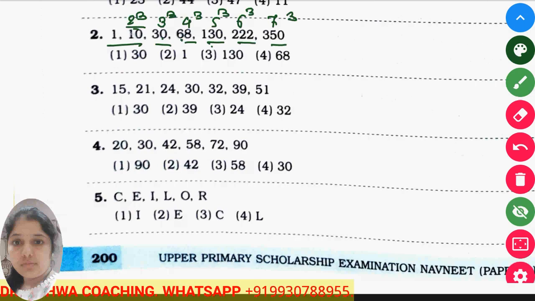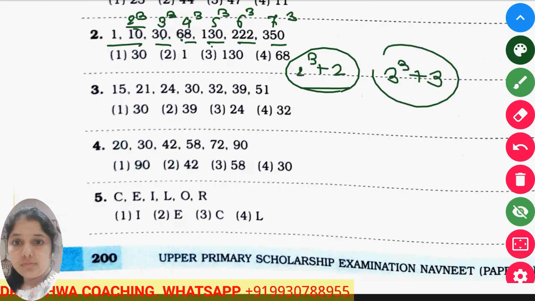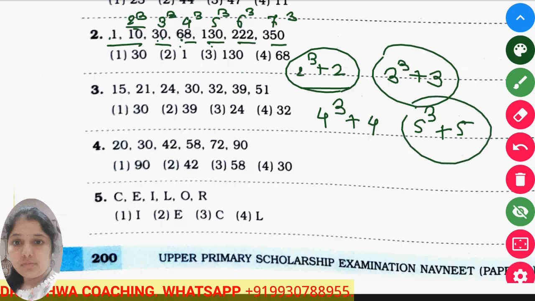And what is the pattern? 2 cube plus 2 is done, 3 cube plus 3 is done, then it becomes 30. 4 cube plus 4 is done, so it becomes 68. 5 cube, which is 125, plus 5 is done, so it becomes 130.